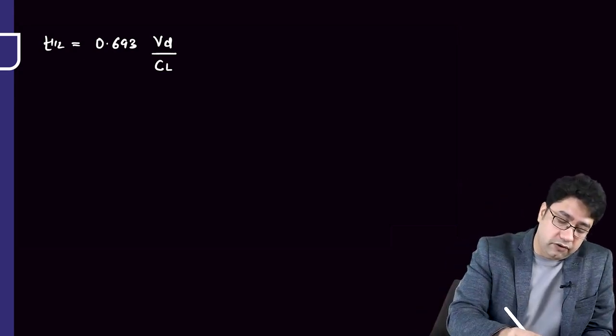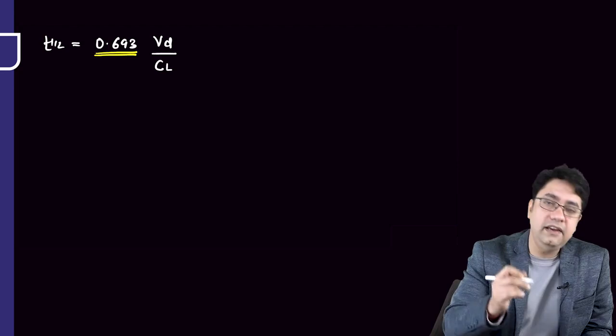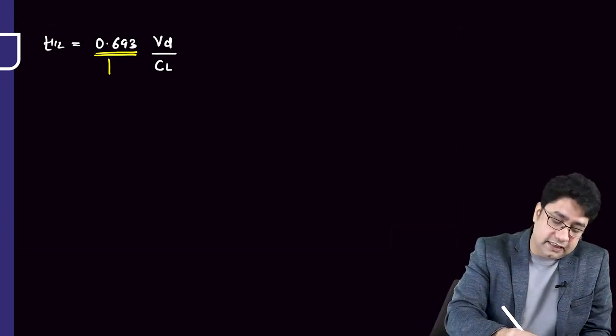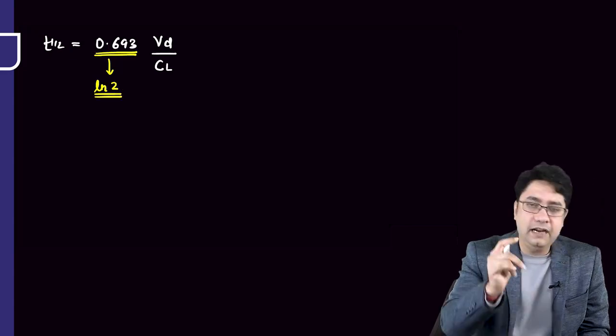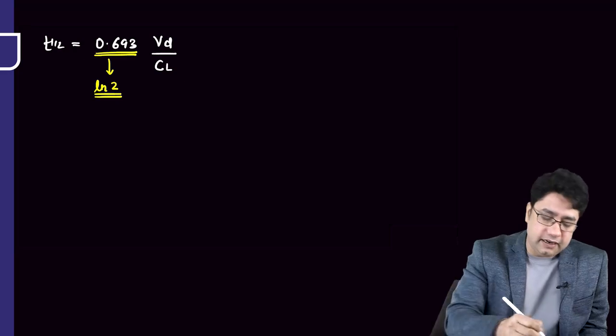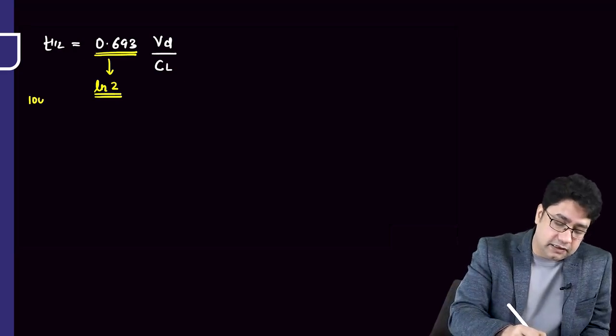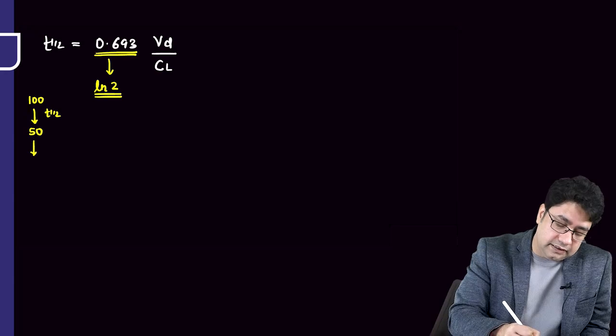So now, where has this 0.693 come from? 0.693 is the value of log 2. And we discussed in first order kinetics how the plasma concentration of a drug falls. In the first half-life, the drug becomes 50. In the second half-life, the drug becomes 25. Then 12.5, third half-life.